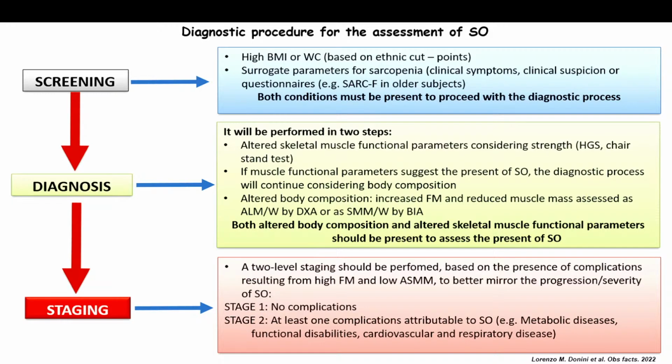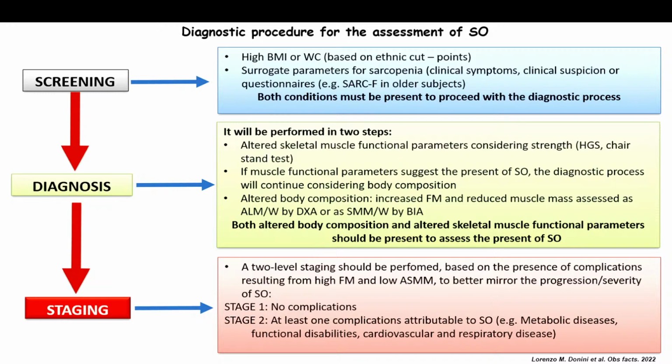They have also emphasized, although there is no consensus on many points, that they have reached a consensus that it is the muscle function which is most important. So in the second step of the diagnosis, altered skeletal muscle function parameters should be considered, like hand grip strength and chair stand test. If that is positive, then we should proceed further and assess various other functions and muscle mass as well.